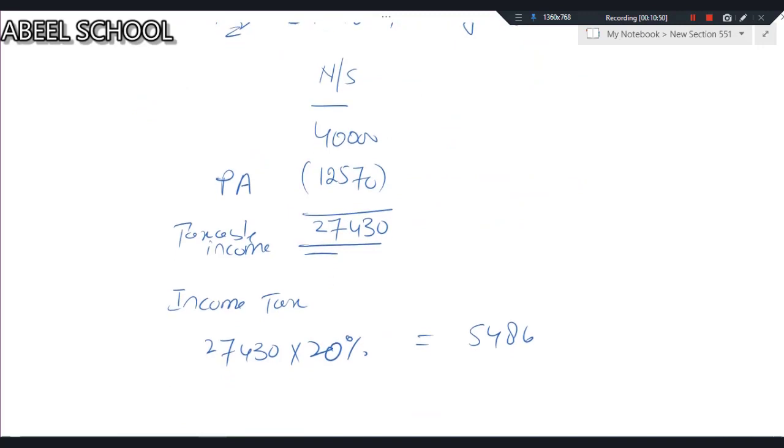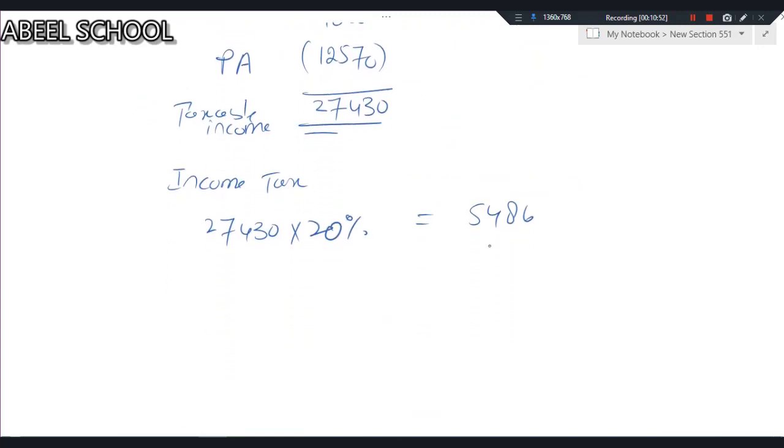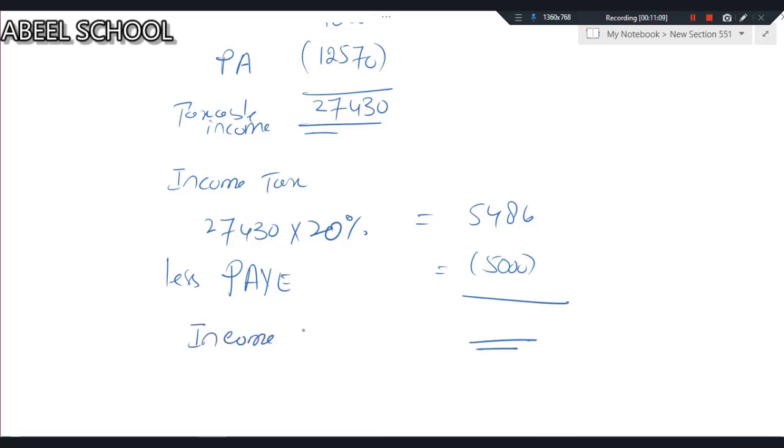So you have to deduct this amount. Basically 5,486 is your income tax liability. Deduct PAYE, Pay As You Earn, which is 5,000. So 5,000 tax is already being paid. So the remaining income tax payable is only 486. Income tax payable is just 486.